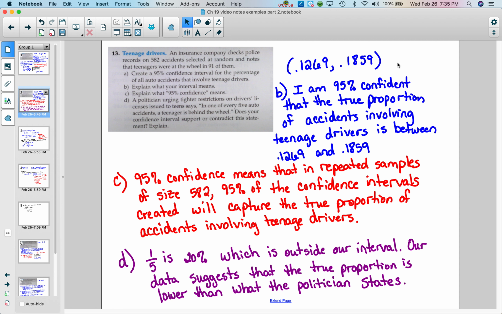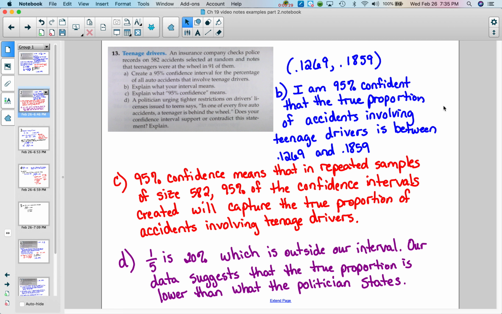Part B says explain what your interval means, and you always do that in context. So it means I am 95% confident that the true proportion of accidents involving teenage drivers is between 0.1269 and 0.1859. In your interpretation, make sure there is nothing that you say that implies you're talking about just the sample.